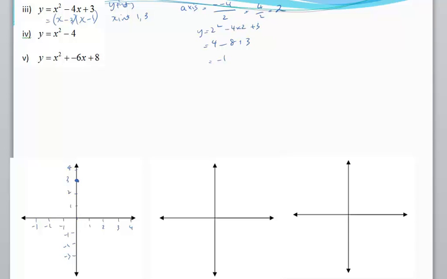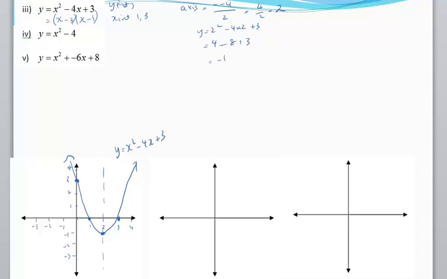Our x-intercepts are at 1 and at 3. Our axis of symmetry is at 2 here, so we know it's even about this point, and our y value for our minimum here is at minus 1. So here our curve goes down like this and back up here. So we have our curve y is equal to x squared minus 4x plus 3.